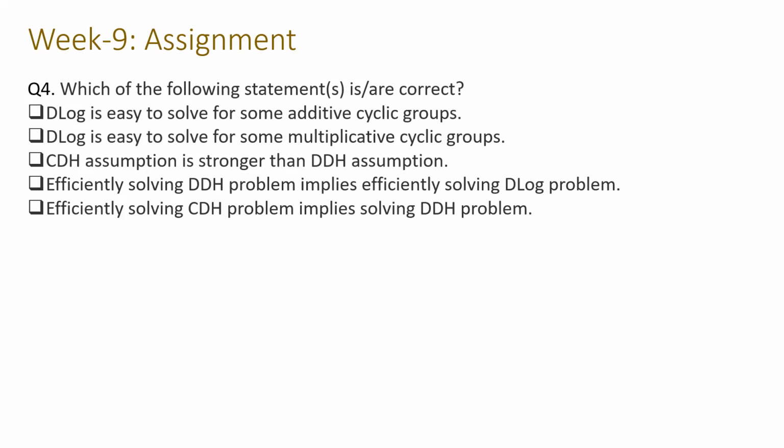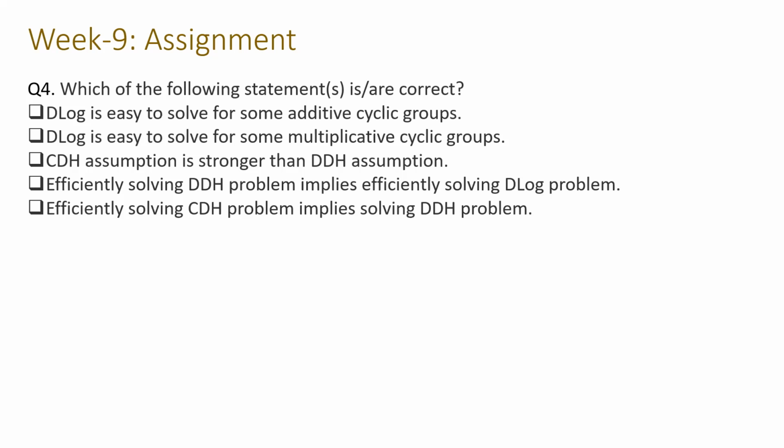Now, efficiently solving the DDH problem implies efficiently solving the D-log problem is not correct. Rather, the D-log problem is a harder problem than the DDH problem. So you cannot say that solving DDH implies solving D-log. Rather, the reverse statement will be correct: solving the D-log problem will imply solving the DDH problem.